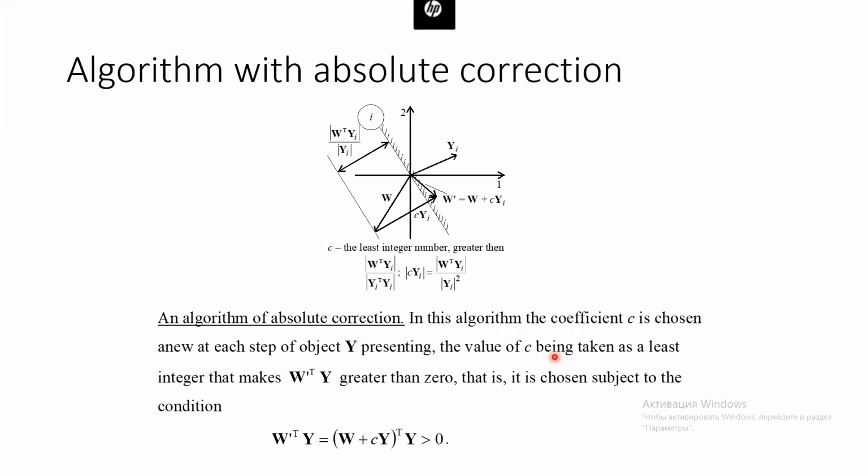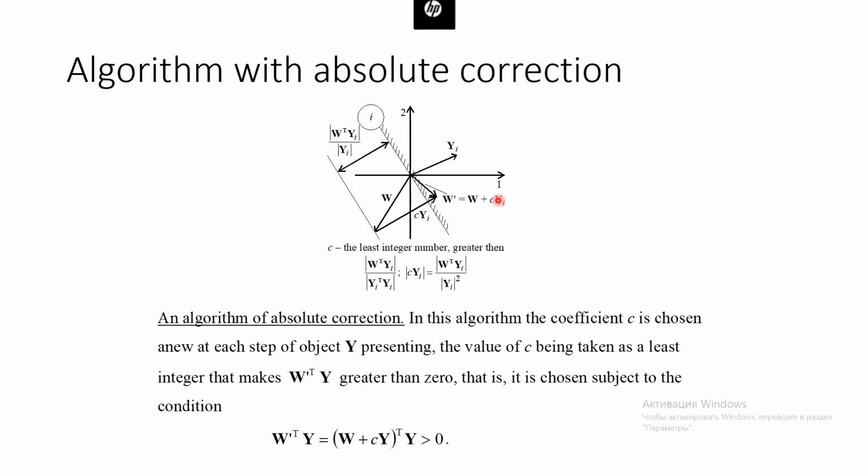The value of C is taken as the least integer that makes our projection greater than 0. That is, it's chosen subject to the condition. So we need to find the minimum integer C value which allows us to obtain a positive projection. And this is quite a logical way to find C.